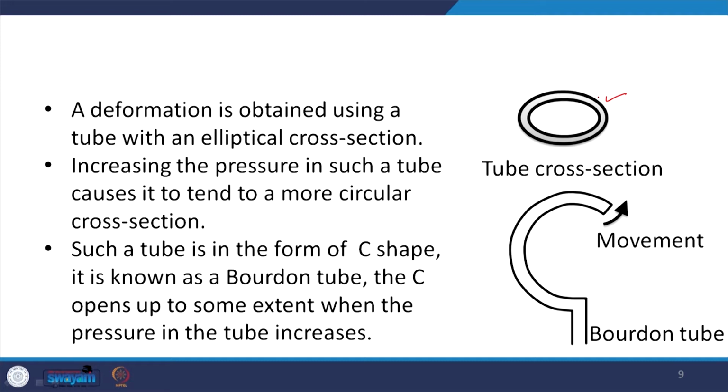Now, such a tube in the form of a C shape is what is called the Bourdon gauge, which you must have studied in your school classes. Here the C opens up to some extent when the pressure in the tube is increased.